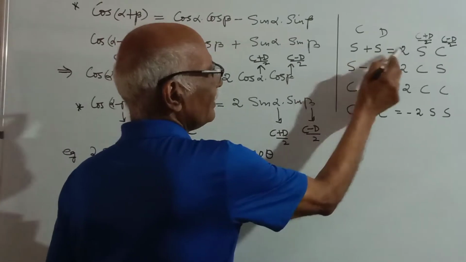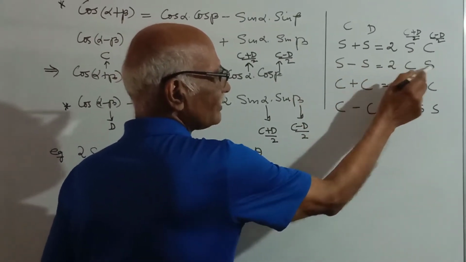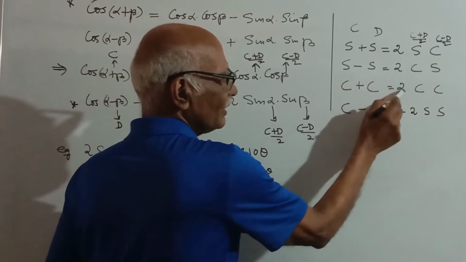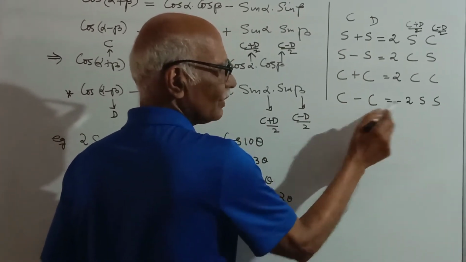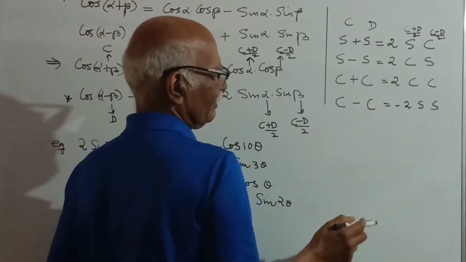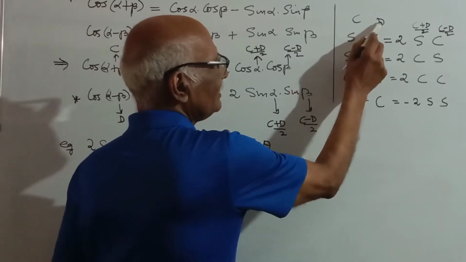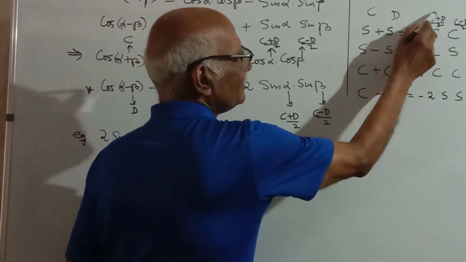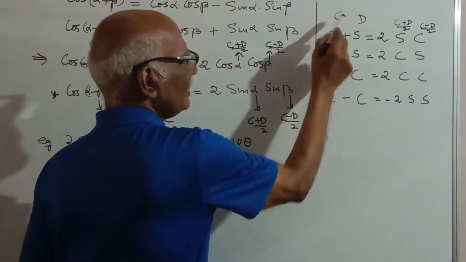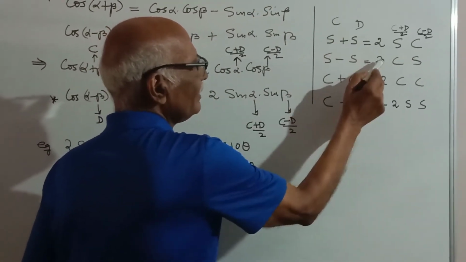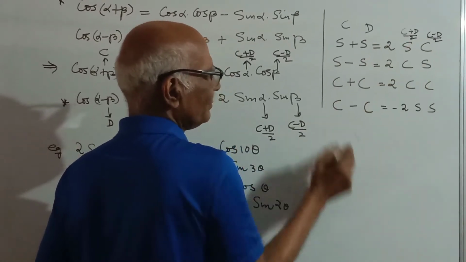Sin plus sin is 2 sin cos. Sin minus sin is 2 cos sin. Cos plus cos is 2 cos cos. Everybody is a cos. Cos minus cos is minus 2 sin sin. Because sin C plus sin D is 2 sin((C plus D) by 2) cos((C minus D) by 2). Sin C minus sin D is 2 cos((C plus D) by 2) sin((C minus D) by 2).